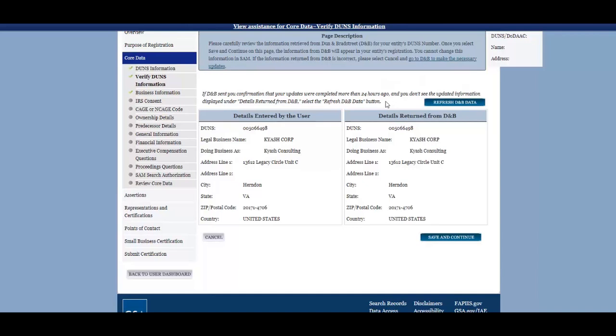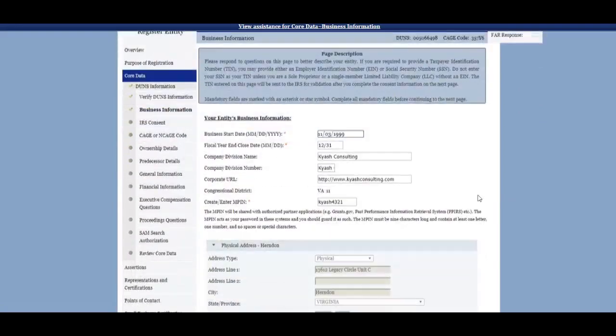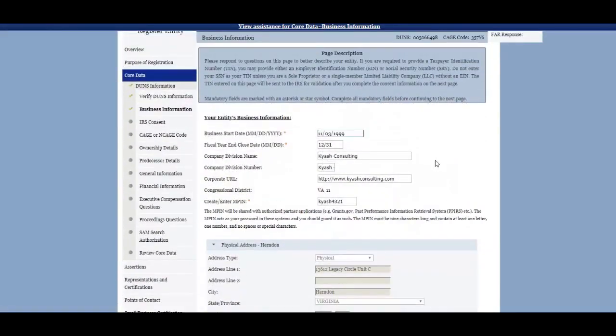And D&B answered back, yes, here is their DUNS number. SAM says to D&B, thank you very much. So that's kind of how it works. You've got computer systems talking to one another, or databases talking to one another. Okay, so everything looks good so far.